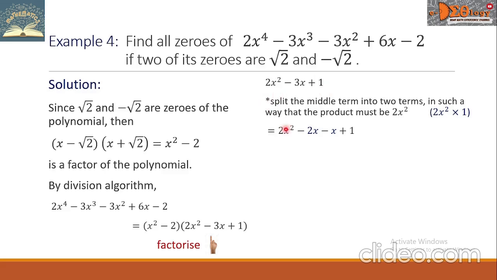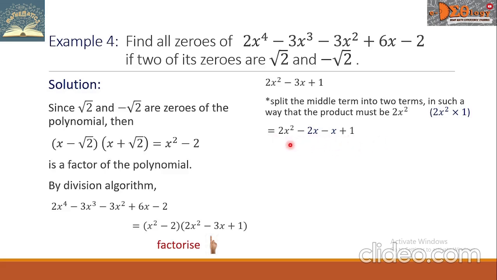So we write it like this: 2x squared minus 2x minus x plus 1. The negative 3x is split into negative 2x and negative x. When we multiply negative 2x by negative x, the answer is positive 2x squared. Then we group the first two terms here and the last two terms.